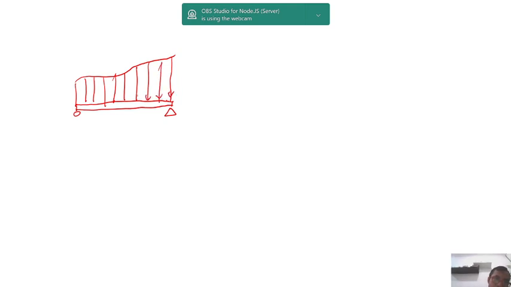And now we want to find the internal force which is happening at the whole member, the whole part of the member. This location, this location, this location, all locations. How can we do that?